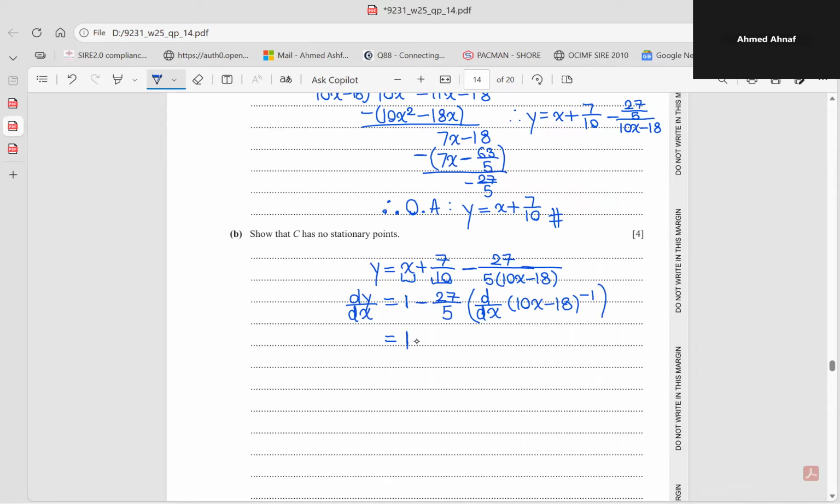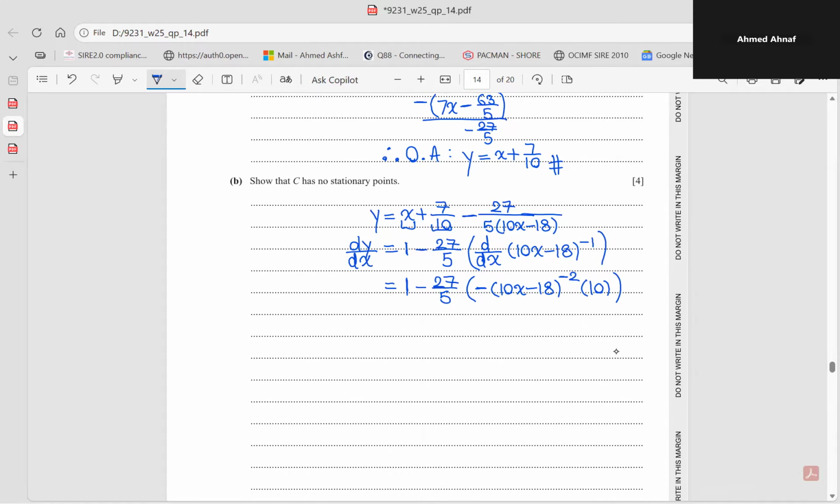So this is 1 minus 27/5, and you bring the -1 forward, so 10x minus 18 to the power of -2, and you differentiate 10x minus 18 with respect to x, which is just 10.